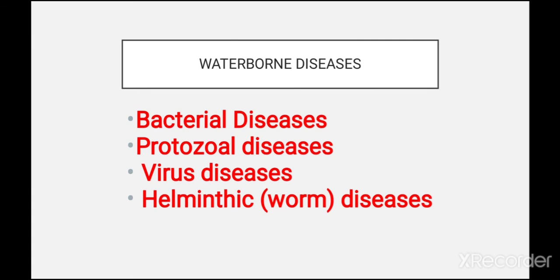When we talk about biological characteristics and the presence of such microorganisms, you need to know about waterborne diseases. Waterborne diseases can be caused by the presence of bacteria, protozoa, viruses, or helminthic worms. What are some of the diseases caused by such organisms?